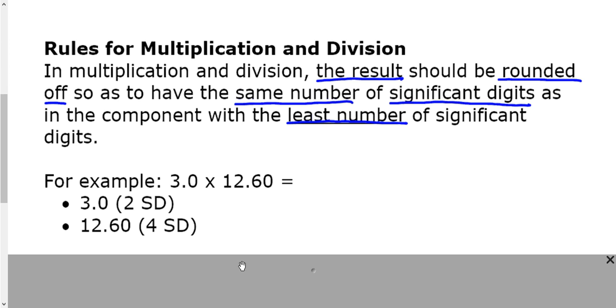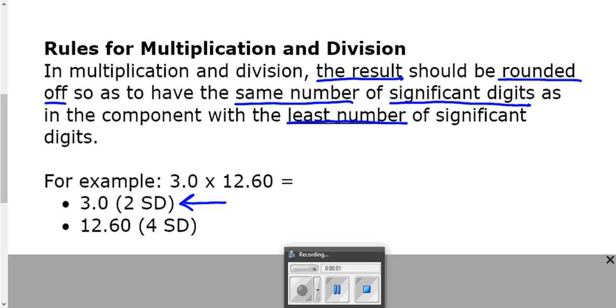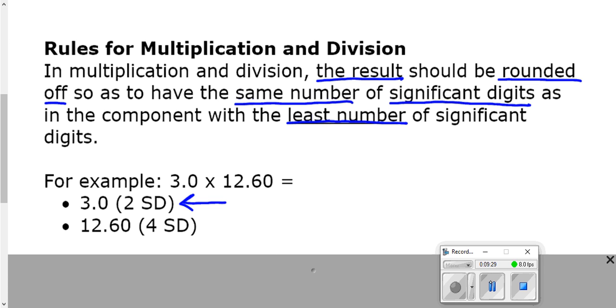So we're going to pause in a moment. I want you to plug it in your calculator and see what we get. But when you go to round your answer, we're rounding to the number that has the fewest significant digits. Since 3.0 is 2, our final answer here has to only be 2 significant digits. So take a moment and pause, do the calculation and round, and we'll check back in to check the answer.